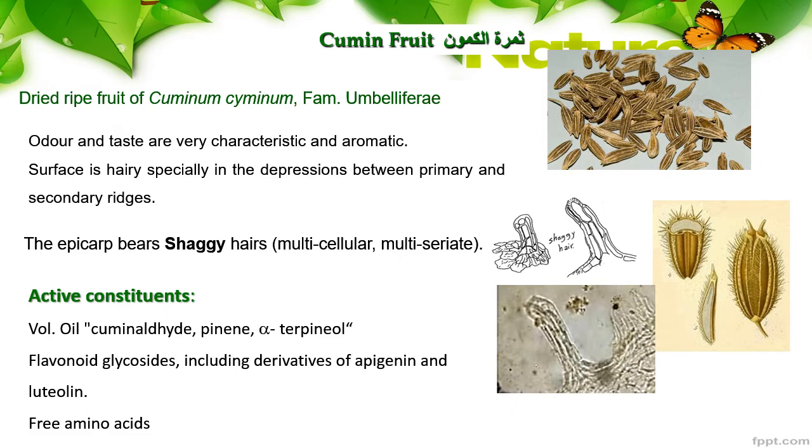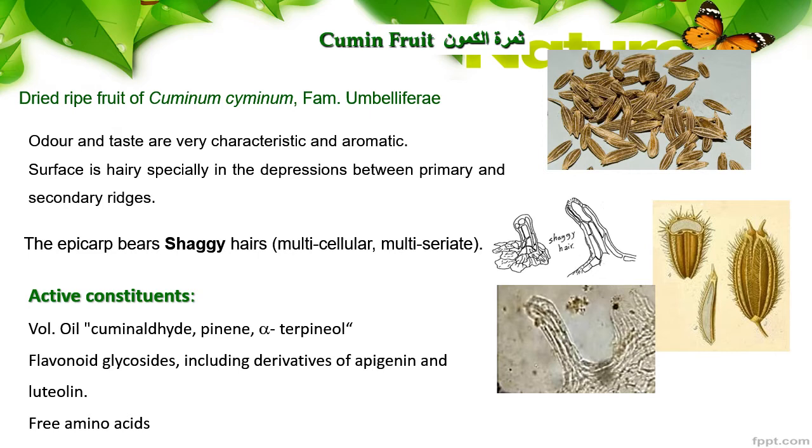The cumin, following the general character of umbelliferous fruit, bears 5 prominent primary ridges, 4 less prominent secondary ridges. Under each primary ridge we have vascular bundle with reticulated parenchyma. Under each secondary ridge we have vitta, in addition to 2 additional vittae on the commissural surface.